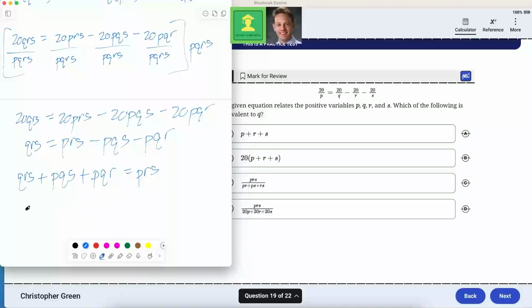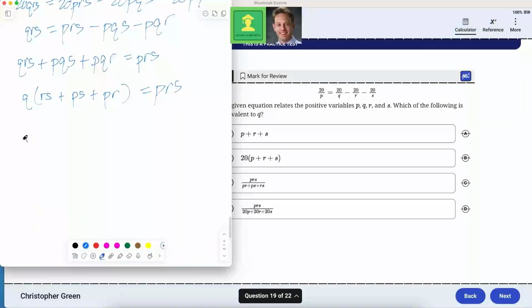Yep. And then you pull out the Q from everything. So it's Q times the quantity RS plus PS plus PR is PRS. And then finally, Q by itself is PRS over this sum of three products. A funky question.